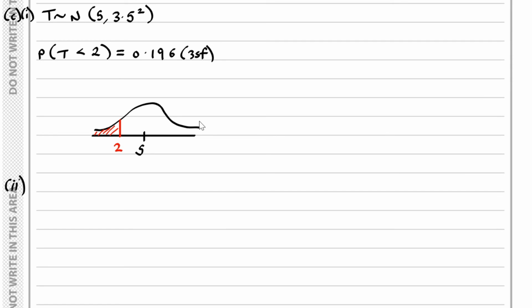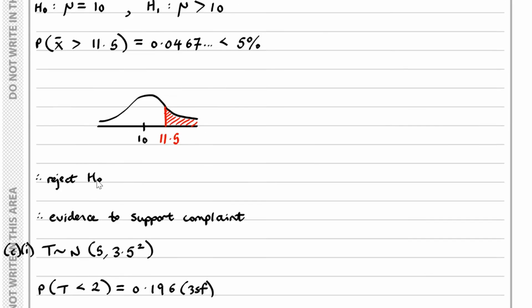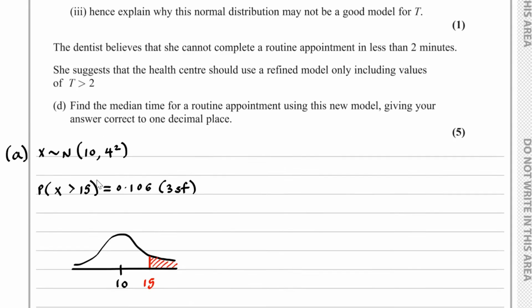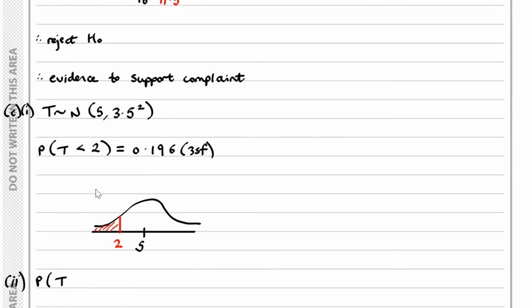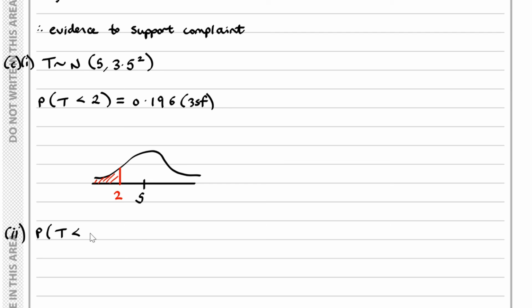So in this question we are looking at the probability that t is less than 2 given that t is greater than 0.